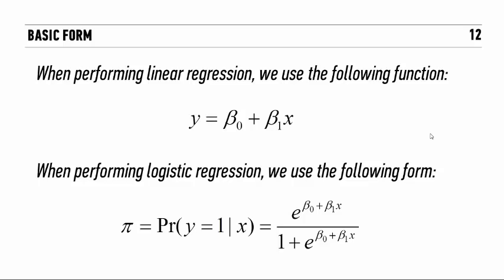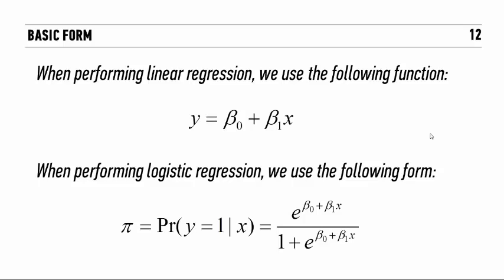So, let's talk about the form of logistic regression. A single linear regression takes the form of an intercept beta naught plus beta 1 times x. We'll talk more about why in the next class, but it's capturing a linear relationship, also known as y equals mx plus c. That's the typical way of saying it.